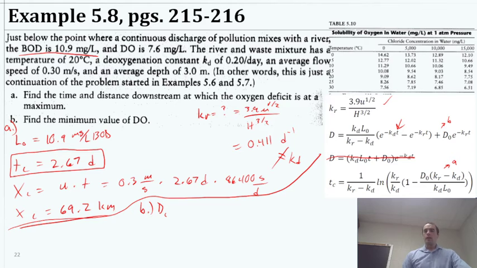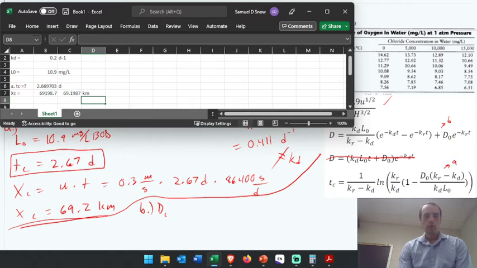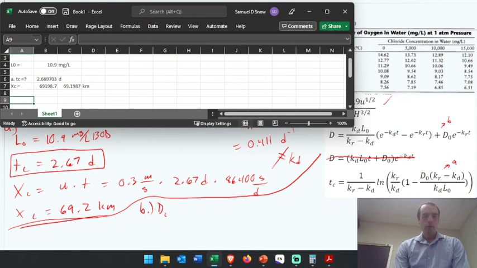Since KR and KD are in per days, we'll know that's going to be the time in days, 2.67. It's just another matter of entering things that we already have. I'm just going to make a note that the initial deficit was 1.5 milligrams per liter.